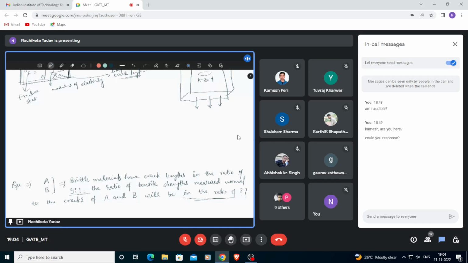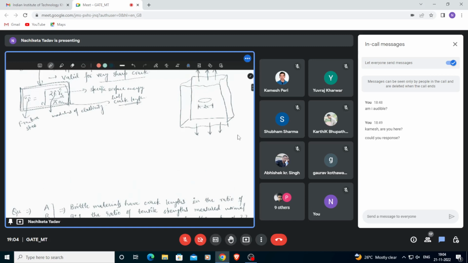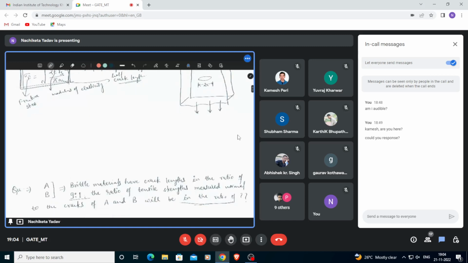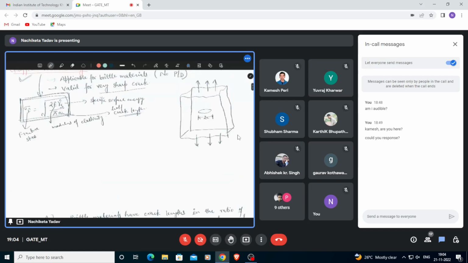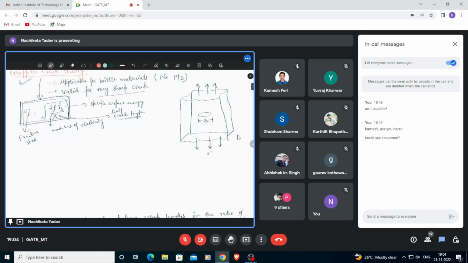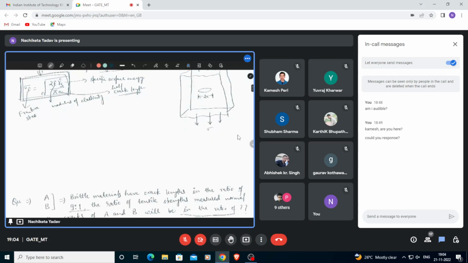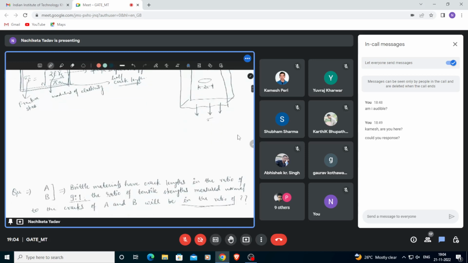You just put in this formula, you will get it. Anyone here? This question you can solve in 10 seconds.